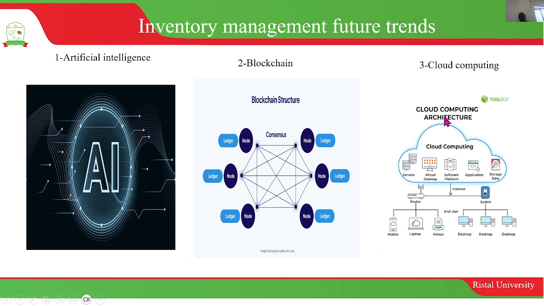We also look at cloud computing. Cloud computing here refers to, for example, the IT systems we have. You have a mobile phone, a laptop or printer, and all these are receiving information from the router, which is the internet. Maybe we have a desktop and all this is receiving from the internet.